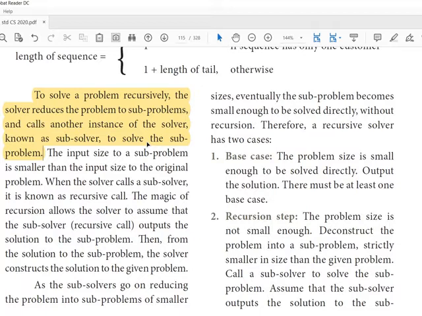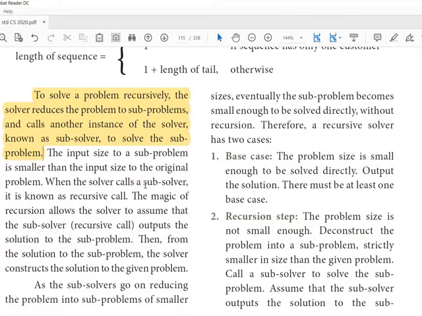The beauty is that the first subproblem is cleared and its result is added to another subproblem, which is also cleared. Both the results are added to another subproblem. Likewise, it continues its execution. The input size to a subproblem is smaller than the input size to the original problem.